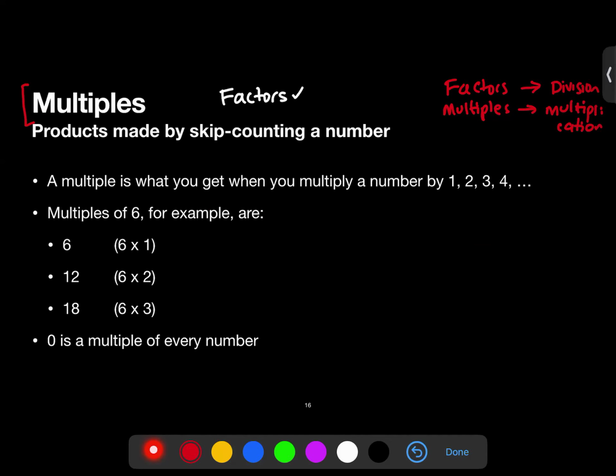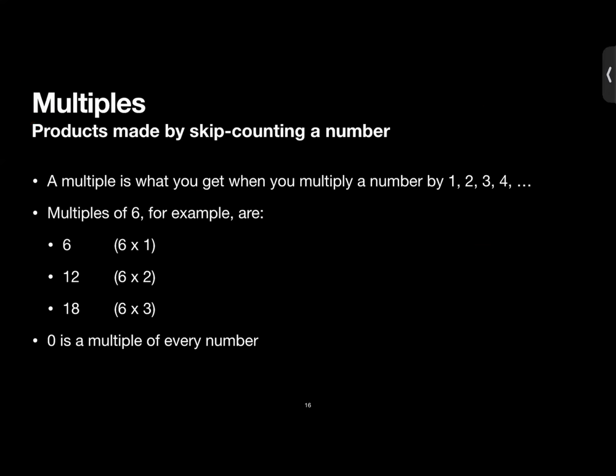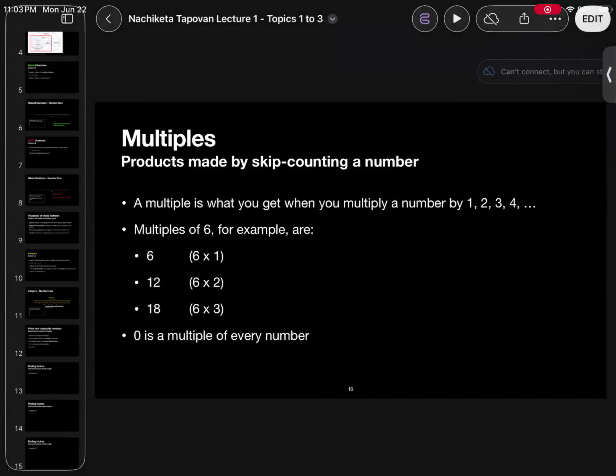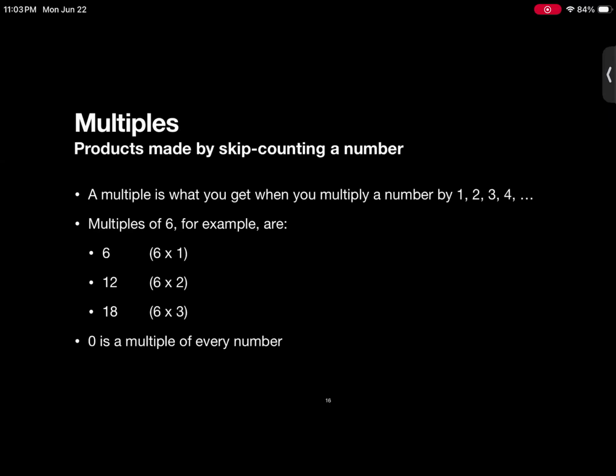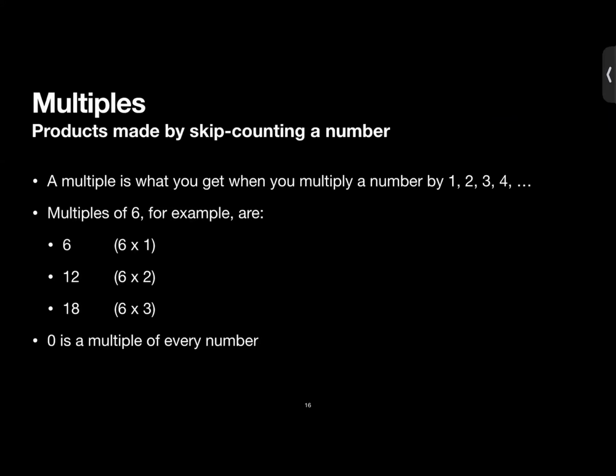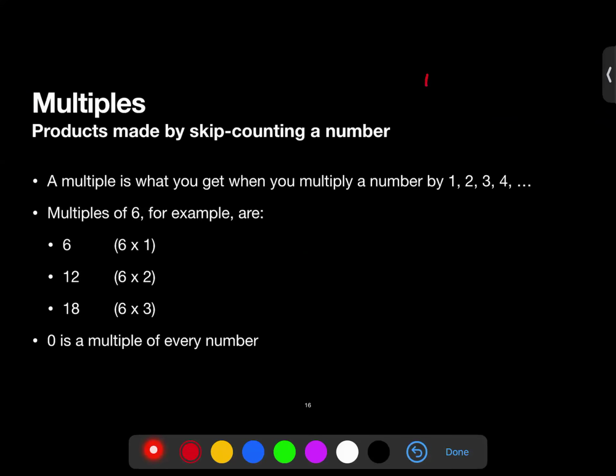So a multiple is what you get when you multiply a number by a natural number. So factors, again, are division and multiples, multiplication.